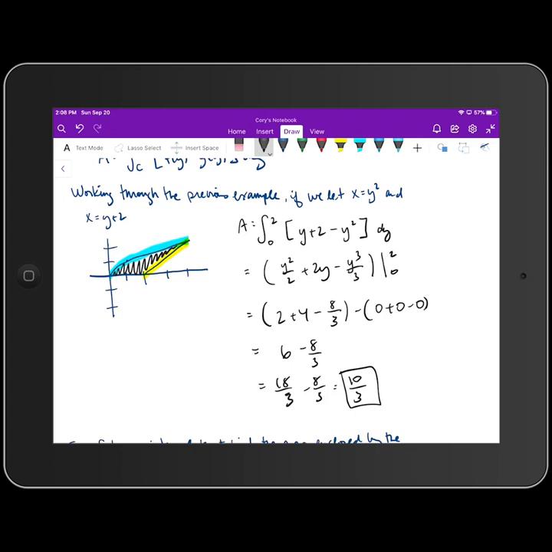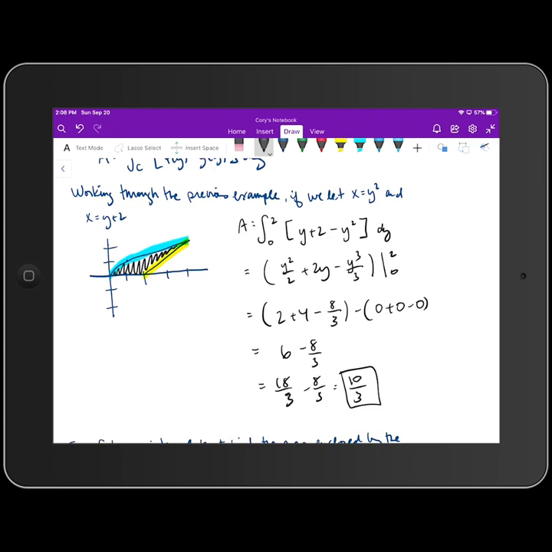But the one instance where that changes is if you have something like we have in this particular example, where either the function that bounds the area from above or the function that bounds the area from below changes at some point. And again, with this example here, the function that bounds the area from below changes at x is equal to 2.